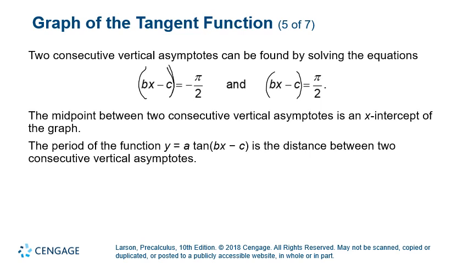And by solving for x in both situations, we will get the locations of the asymptotes. It says here that the period of the function is the distance between two consecutive vertical asymptotes. So that's important to recognize.